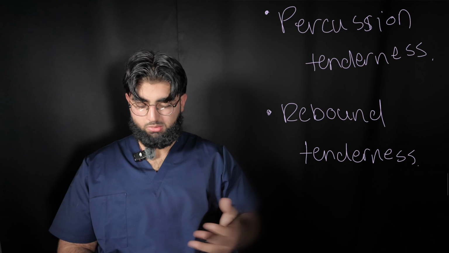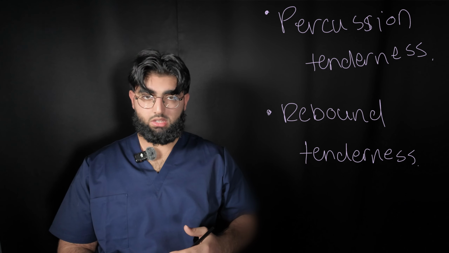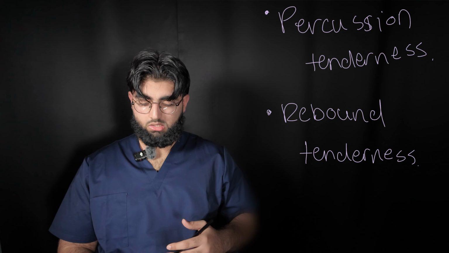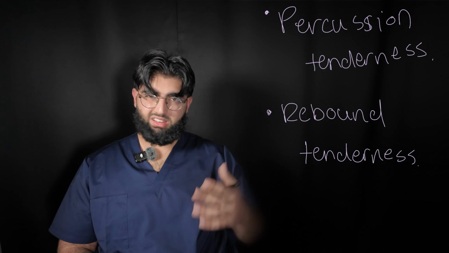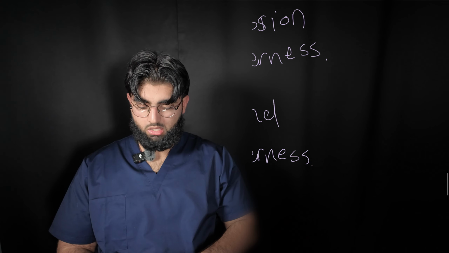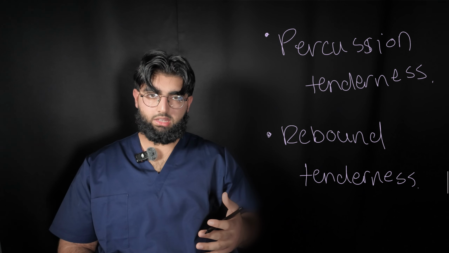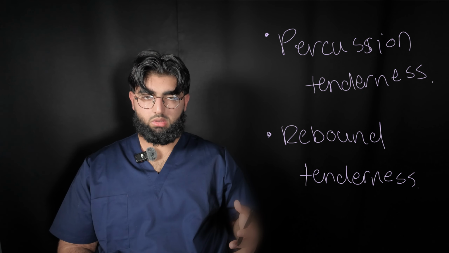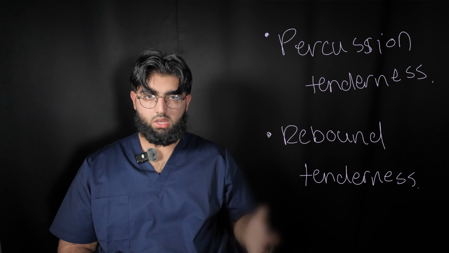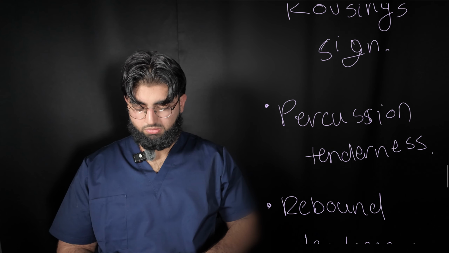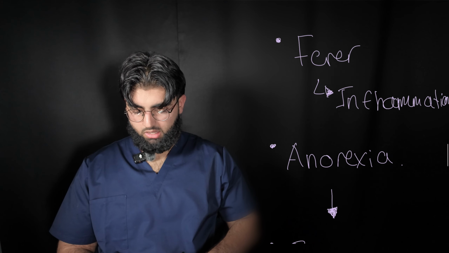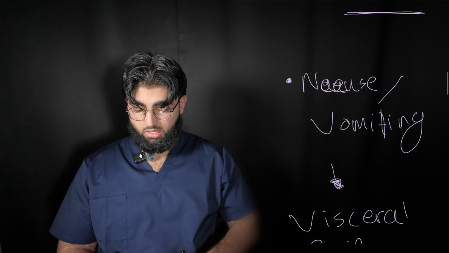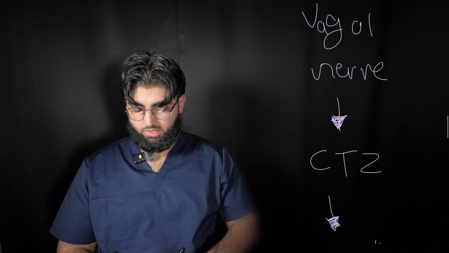And same sort of picture with the percussion tenderness and the rebound tenderness. These can both indicate a peritonitis sort of picture, which can mean potentially that the appendix has actually perforated, so there is full-blown inflammation of the parietal peritoneum. So these are all things that can present in appendicitis. They're all worth keeping in mind for your exams.